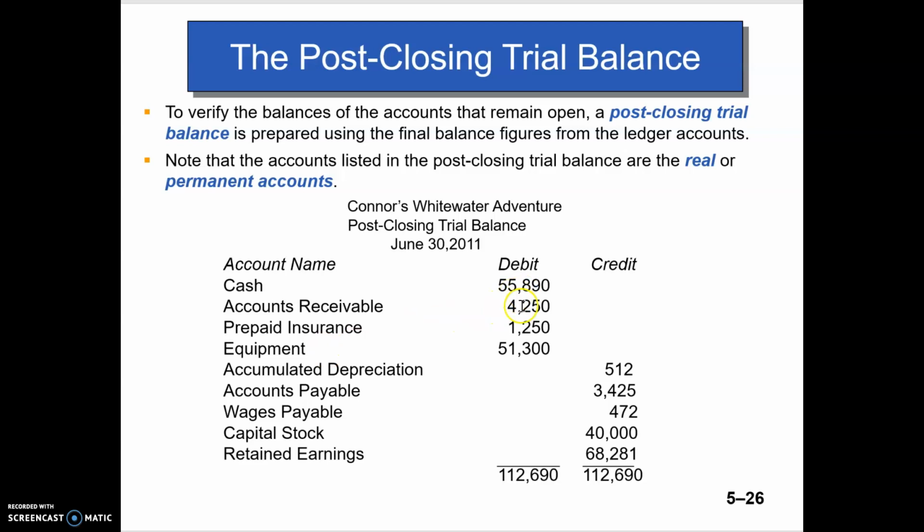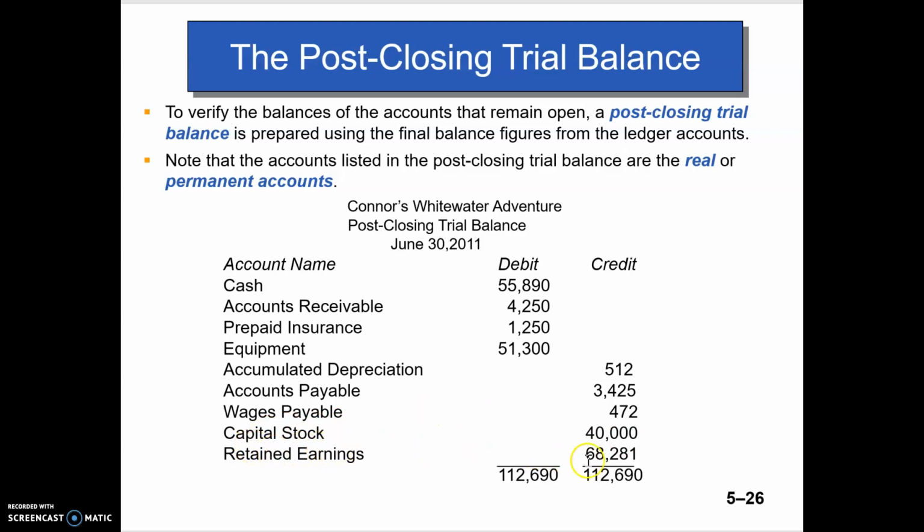So all of the balances for the assets are going to be the same as what they were shown on the adjusted trial balance. Your liabilities weren't used in the closing entries either. So these are going to be the same balances that you showed on your adjusted trial balance. Capital stock or common stock, we didn't use that in our closing entries. So this is going to be the same amount that you showed on your adjusted trial balance.